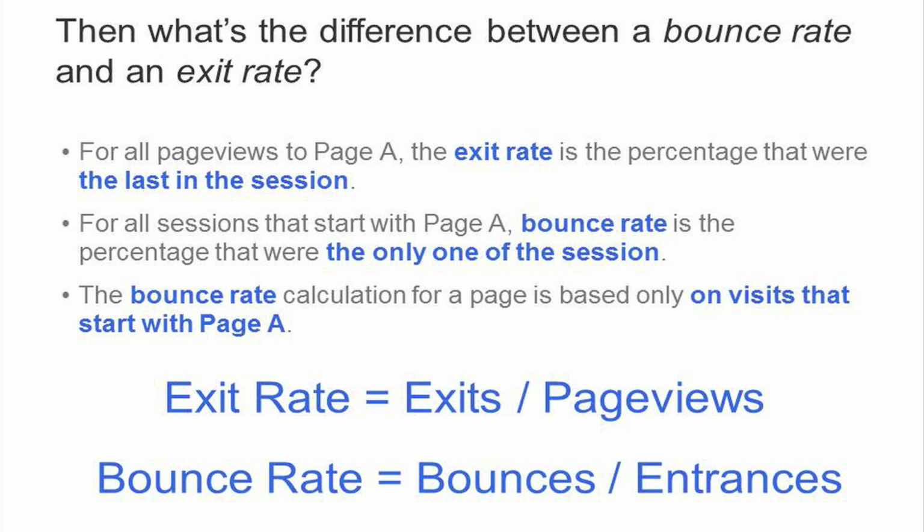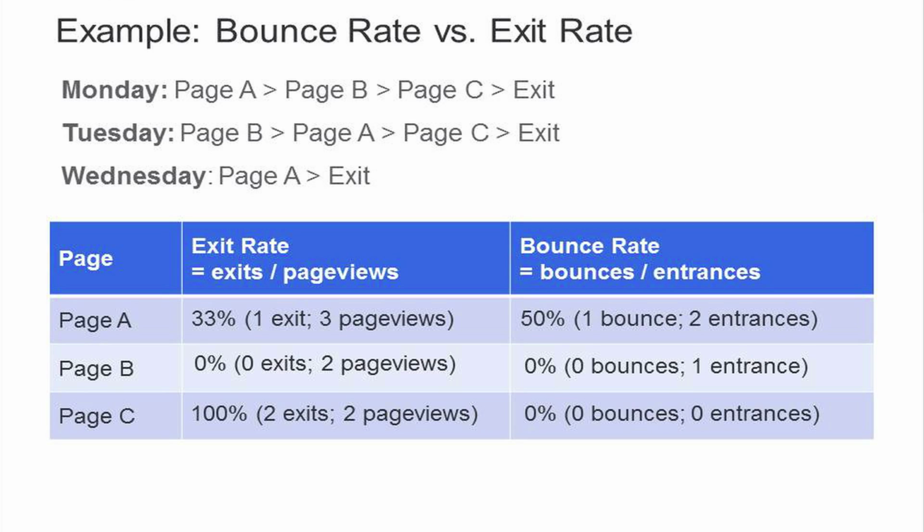Many of you might be asking yourself, what is the difference between a bounce rate and an exit rate? Simply put, an exit rate is the exits divided by page views, whereas the bounce rate is the bounces divided by entrances. For all page views to page A, the exit rate is the percentage that were the last in the session.